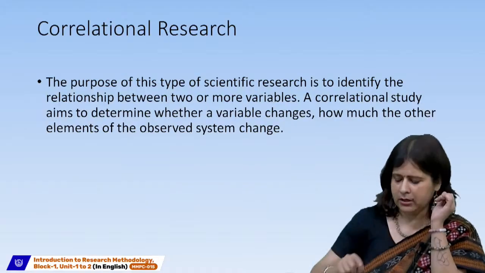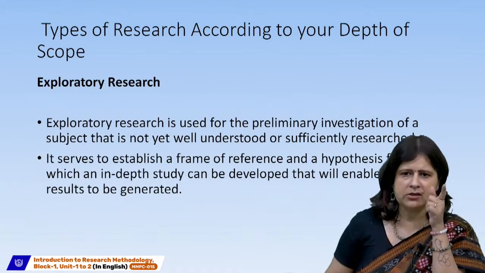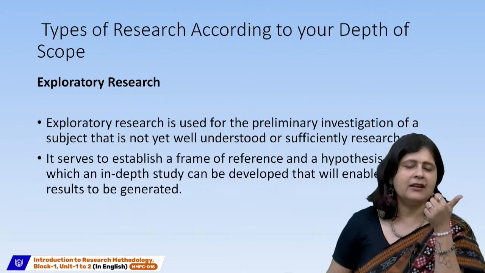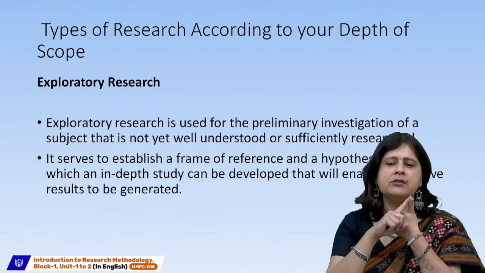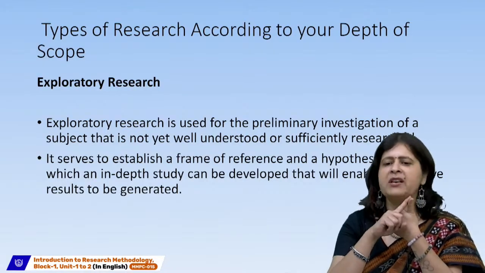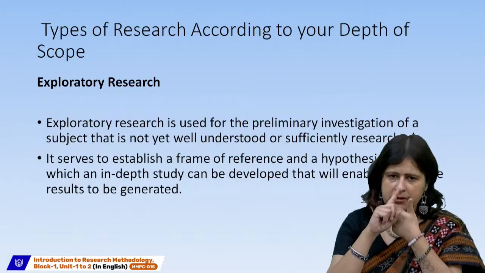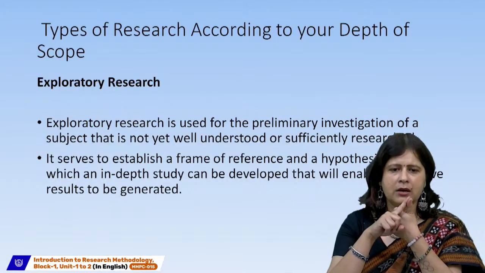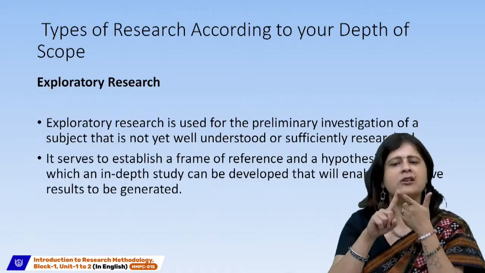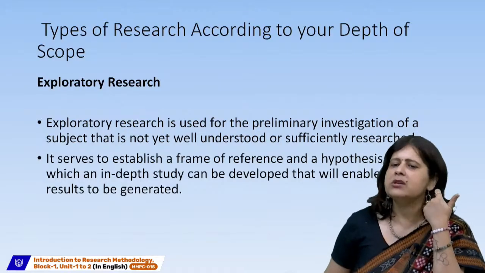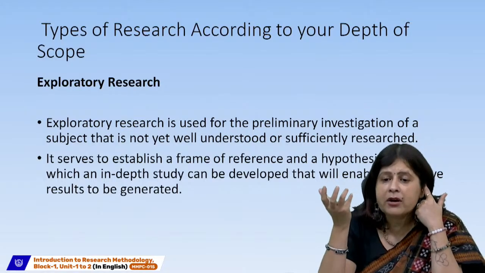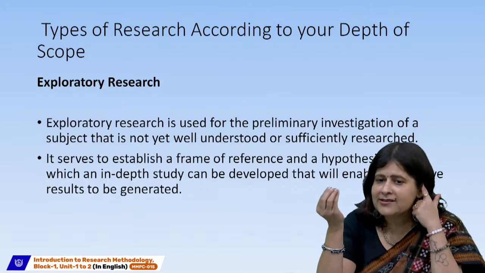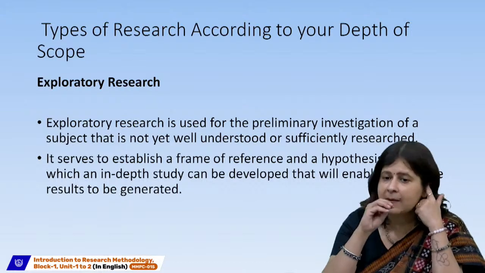So, we discussed three types of research on the depth of scope, that is the exploratory research. Exploratory research is conducted on those topics or subjects which are not well understood or not sufficiently researched, right. Those are known as exploratory research, and exploratory research gives a framework for the references, and it works on the hypothesis rather than working on the established theories, right.